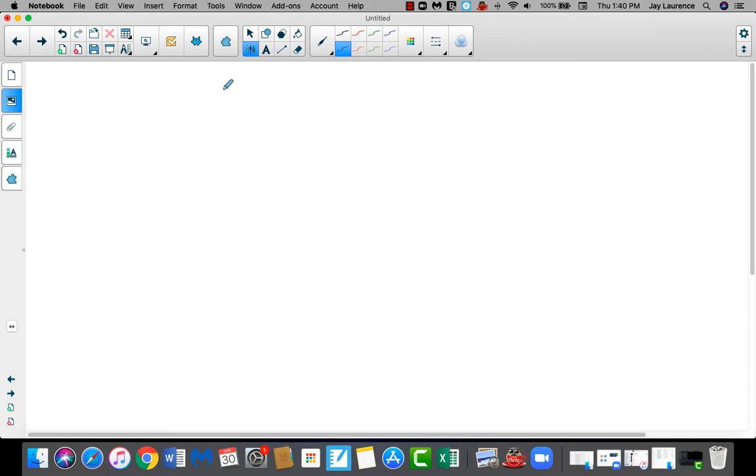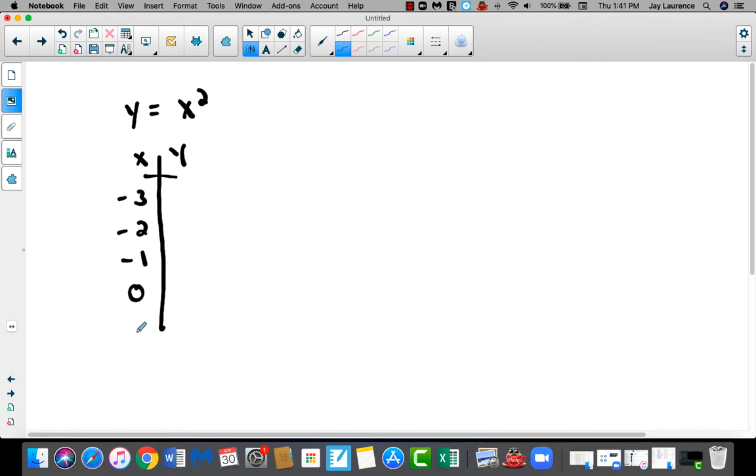Tell you what, let me go off on a tangent here. Let me go with y equals x squared and make an input-output table. Okay, and if I do x and y, and I'm going to go -3, -2, -1, 0, 1, 2, and 3. Okay, and then I'm also going to do y equals x cubed, and I'm going to use the same values of x.